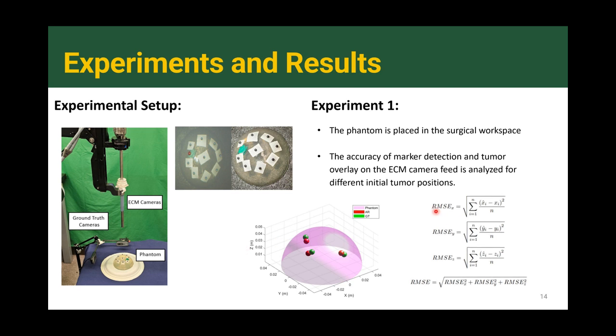And then we found a root mean squared error for the X, Y, Z directions, and found the RMSE of 6.37 millimeters for these three different initial positions. And this image in the middle shows where the ground truth tumor was, the green, and where the AR superimposed tumor landed, having this mean of 6.37 millimeter difference.